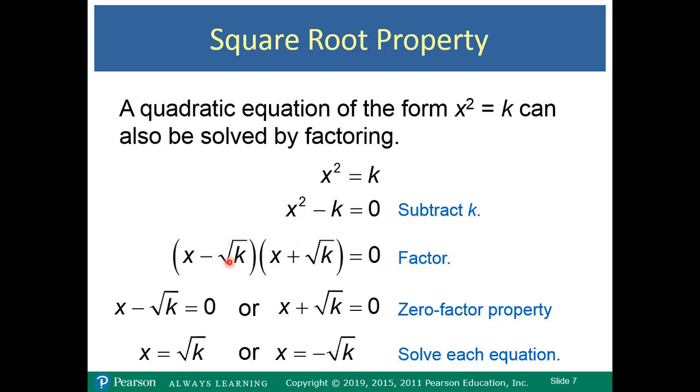So we have a difference of two squares, so we could factor it this way, and then again, we could solve using the zero factor property. And so what do we get? We get x equals the square root of k and minus the square root of k. But isn't that the same thing we got up here if we just took the square root of both sides? So we could have gotten the answer either way, but if you see this, just use the square root property.